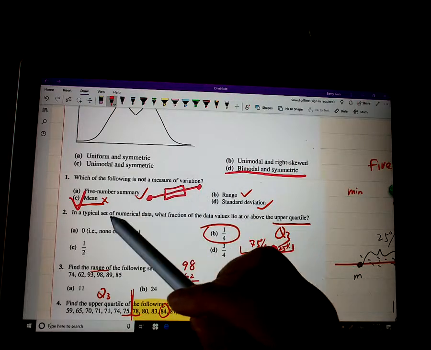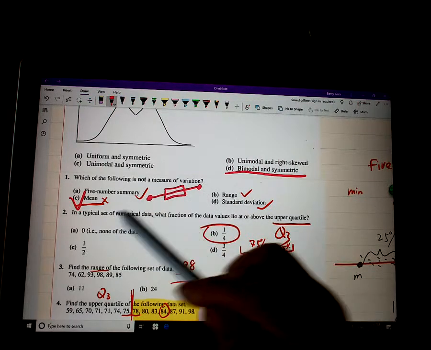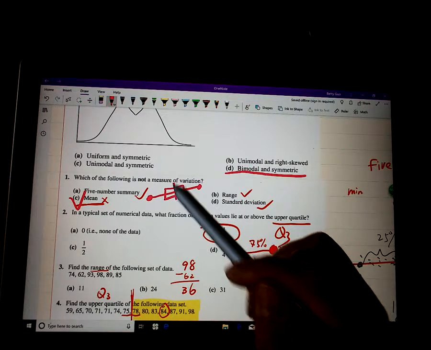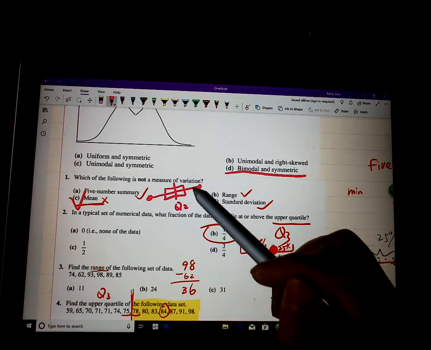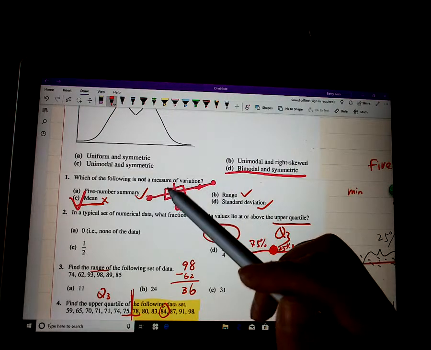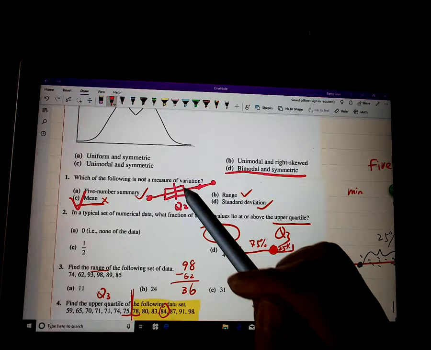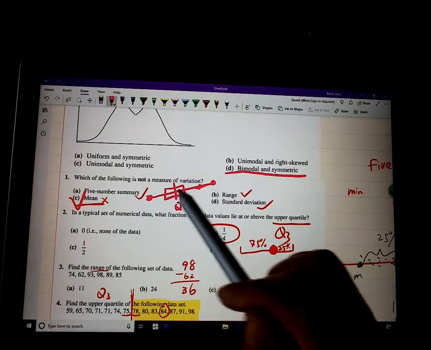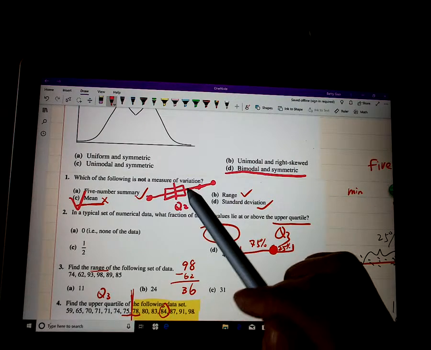How do the values deviate away from the center, right? If the center is the median here, Q2, and you have a longer whisker, it has a bigger variation. If you have a shorter whisker, smaller box, that means you have a smaller variation.